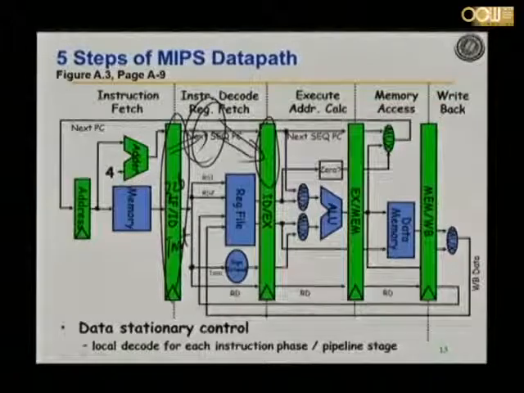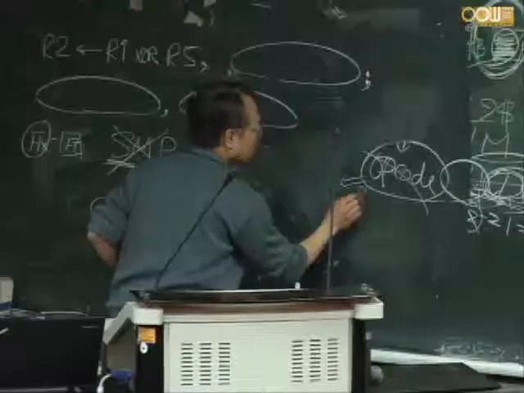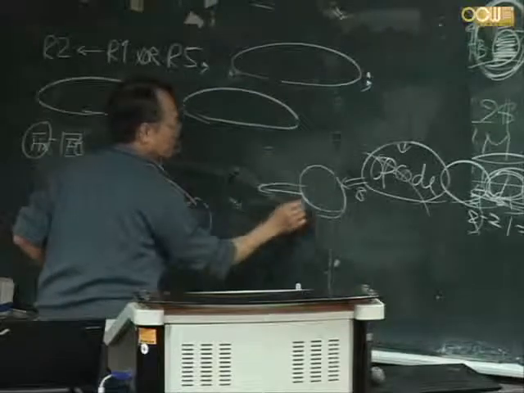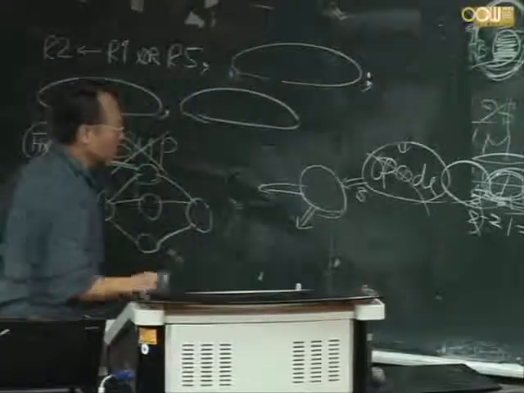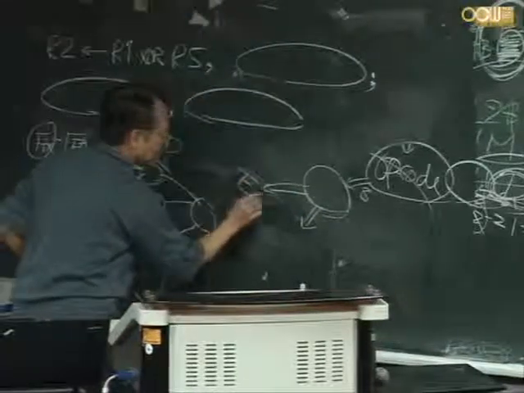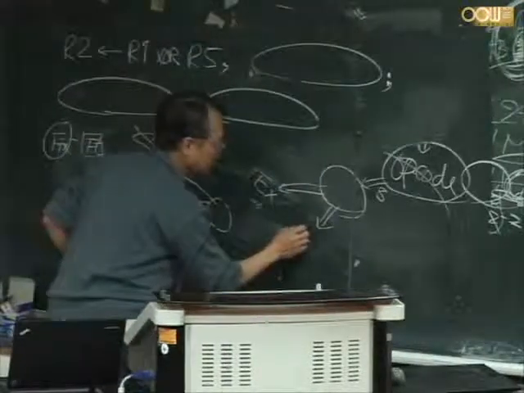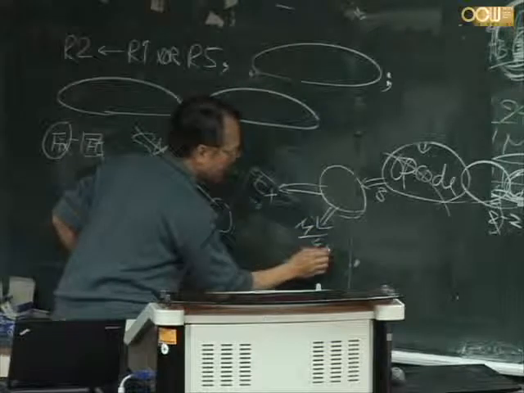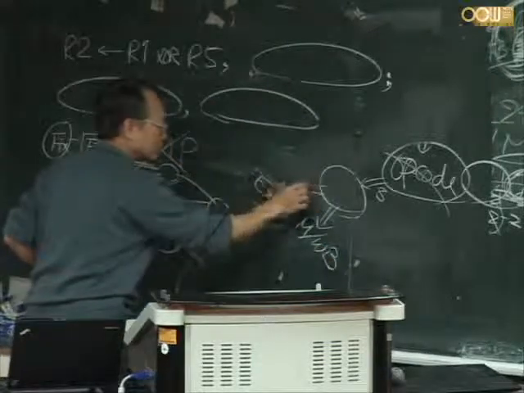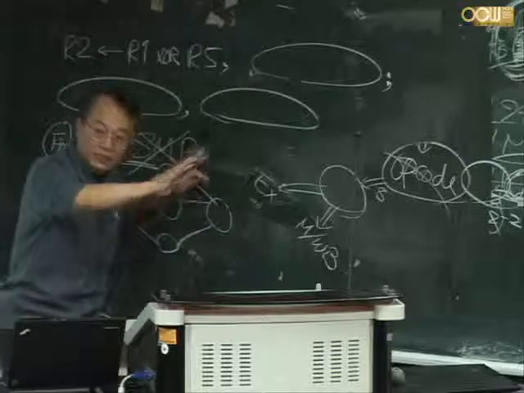So how do we decode? For the 8-bit OP code, maybe we decode it into two groups of bits. One group is used in the execution stage. The other group is used in later stages, memory and write back. And for this group of control signals, they should be fully decoded.